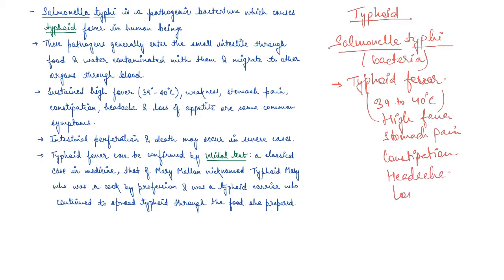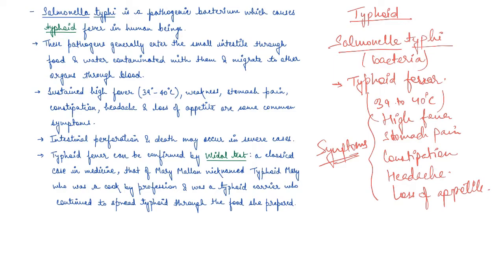We have loss of appetite, right? So all these are symptoms that we get when we have typhoid. Now, what happens is basically they cause intestinal perforations and death as well. So if you do not treat typhoid on time, it can cause death as well.